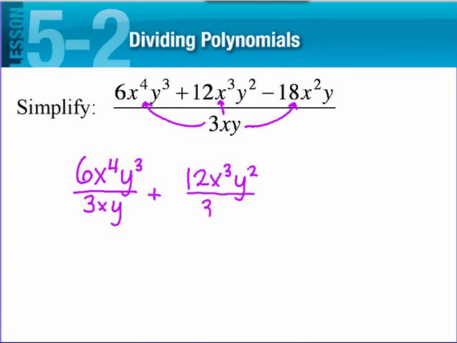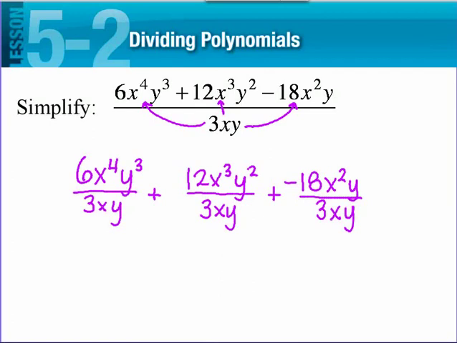Notice I'm taking each term and dividing those individually by 3xy. I know that's kind of a longer step to write out, but if you do it, I think it's a little easier to see what you do.